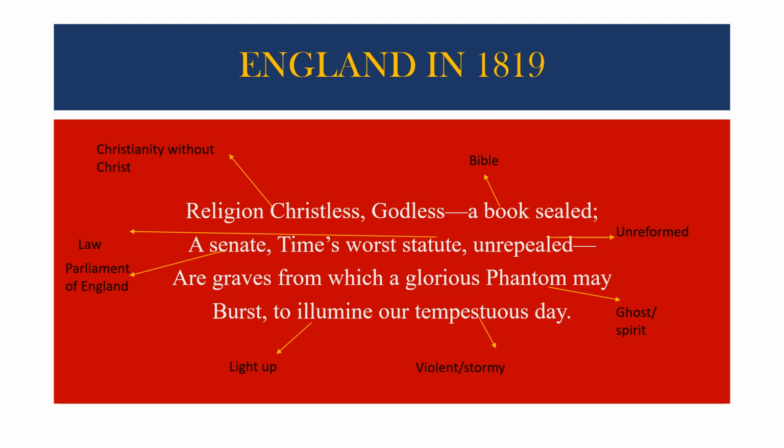A Senate: now here the reference is to the Parliament of England. Time's worst statute, law, unrepealed, unreformed. The Senate, the Parliament of England, again stands for corrupt or unjust ways, because it is the worst law passed by time. Time here is of course personified, and it is the worst statute, the worst law that time has passed.